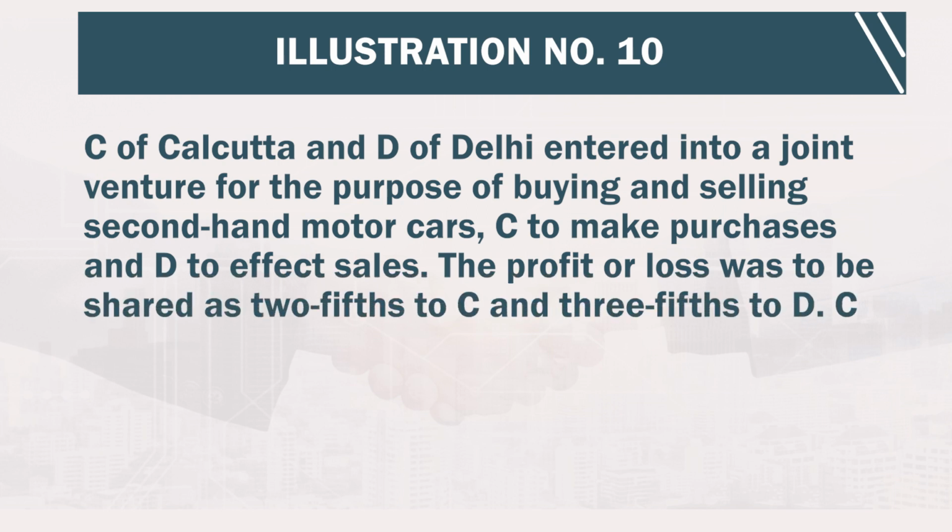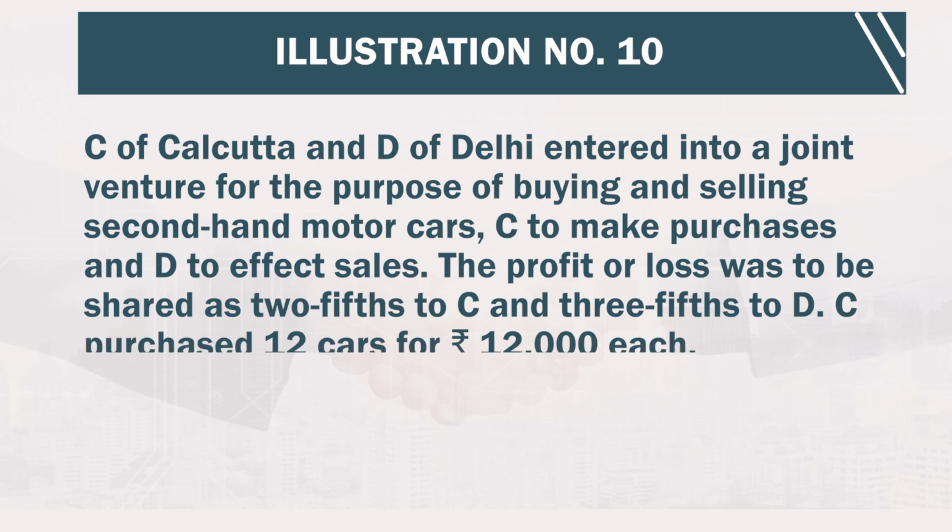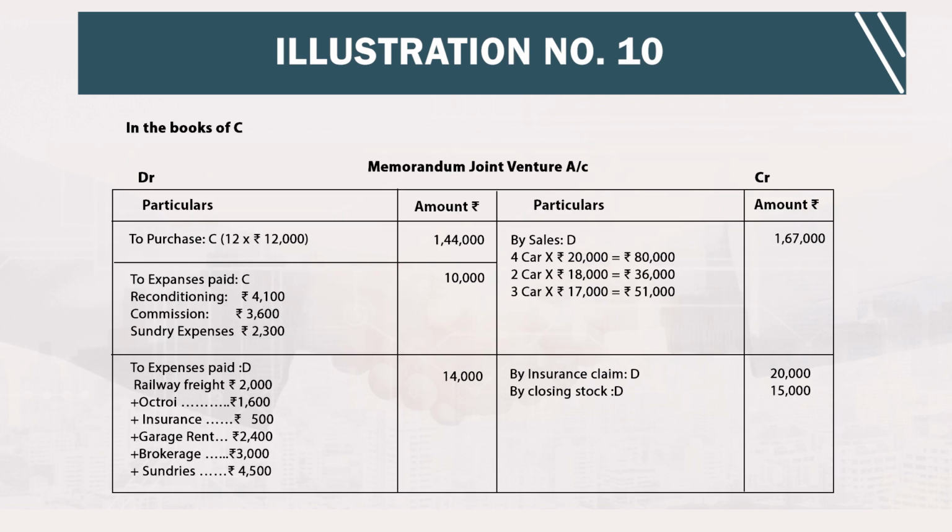The profit or loss was to be shared as 2/5 to C and 3/5 to D. C purchased 12 cars for rupees 12,000. So, this amount will be on debit side of memorandum joint venture account: to purchase by C, 12 cars at the rate of rupees 12,000, total amount 1,44,000 on debit side of memorandum joint venture account.